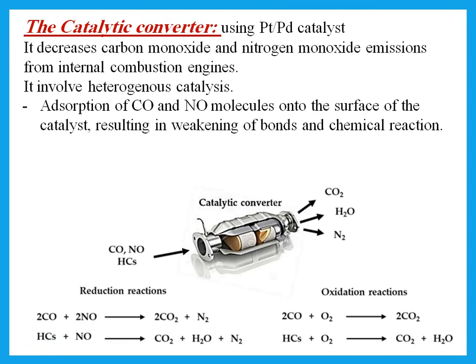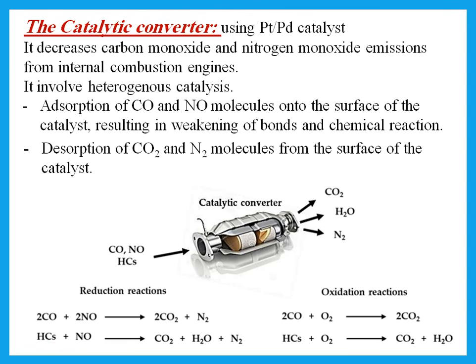So carbon monoxide and nitrogen monoxide are adsorbed onto the surface of the catalyst, resulting in the weakening of the bonds so that chemical reaction can occur. And then the carbon dioxide and nitrogen molecules formed will be desorbed or removed from the surface of the catalyst. This kind of reaction occurs between carbon monoxide and nitrogen monoxide to form nitrogen gas and carbon dioxide gas.